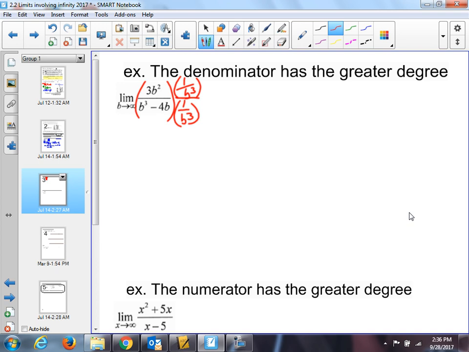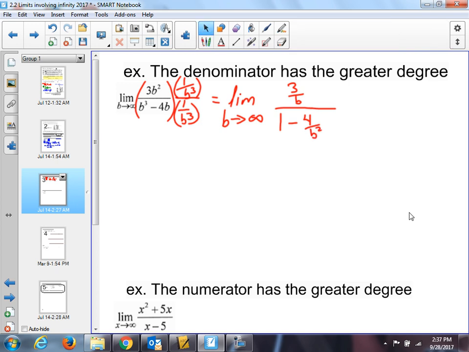When I paused it, I said you could jump to the shortcut. Same here. So this is equal to the limit of b approaching positive infinity of 3 over b, over 1 minus 4 over b squared. And like you said, you can see right away, it's going to be 0.